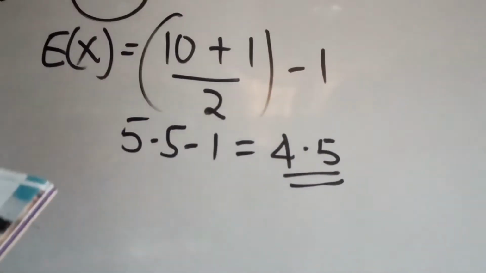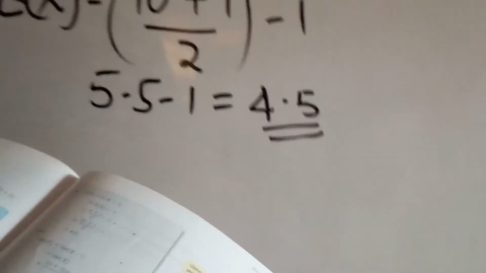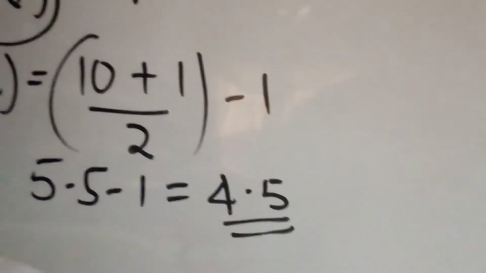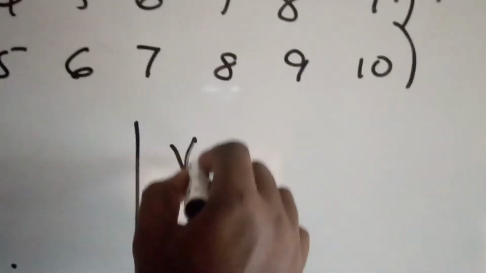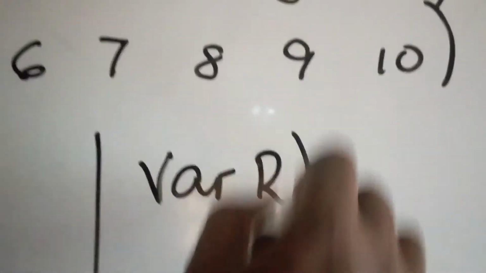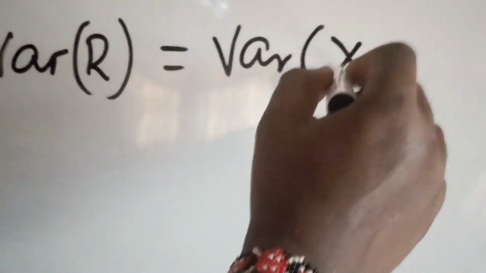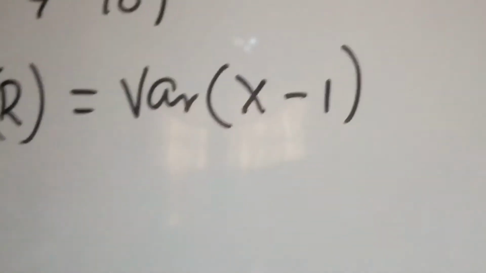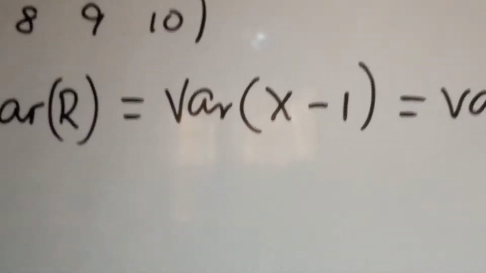What about the variance of R? Because we are told to find the mean and the standard deviation of a single digit, and single digits are just R. So what we need to do now is first find the Var of R. The variance of R is the variance of X minus 1, which is simply the variance of X, because 1 squared is just 1.